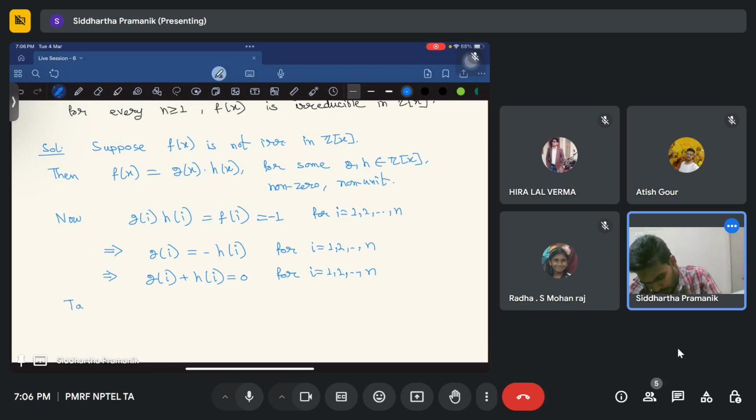Now take a new polynomial, let's say q(x) equals g(x) plus h(x). Then what can you say about the degree of this polynomial? Anyone? What can you say about the degree of q(x)?